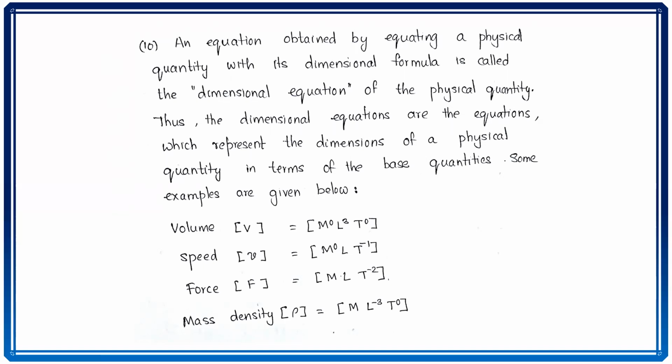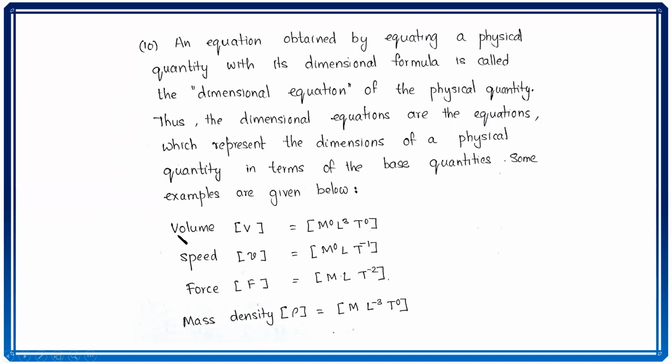Write the physical quantity on the left hand side and the dimensional formula on the right hand side, and equate both of them with the equal to symbol. Then that is called a dimensional equation.